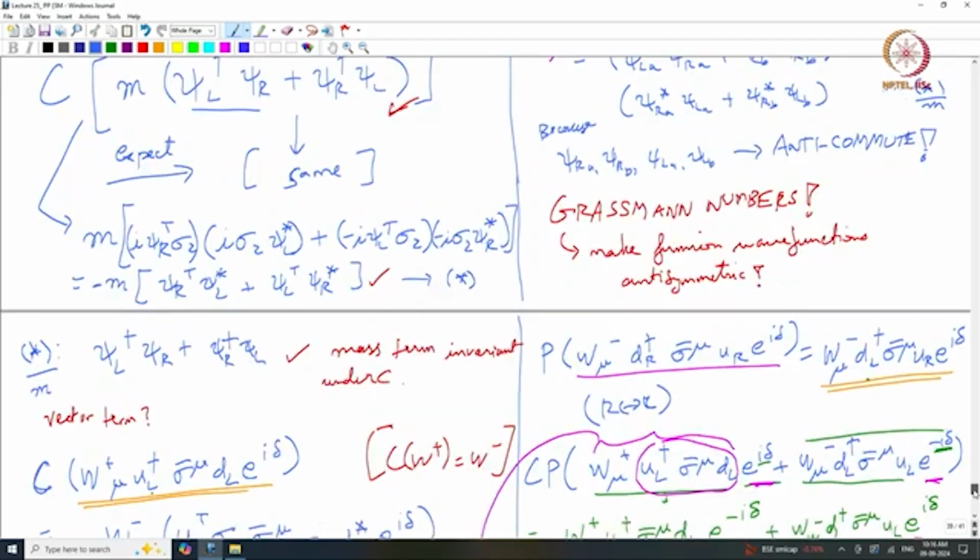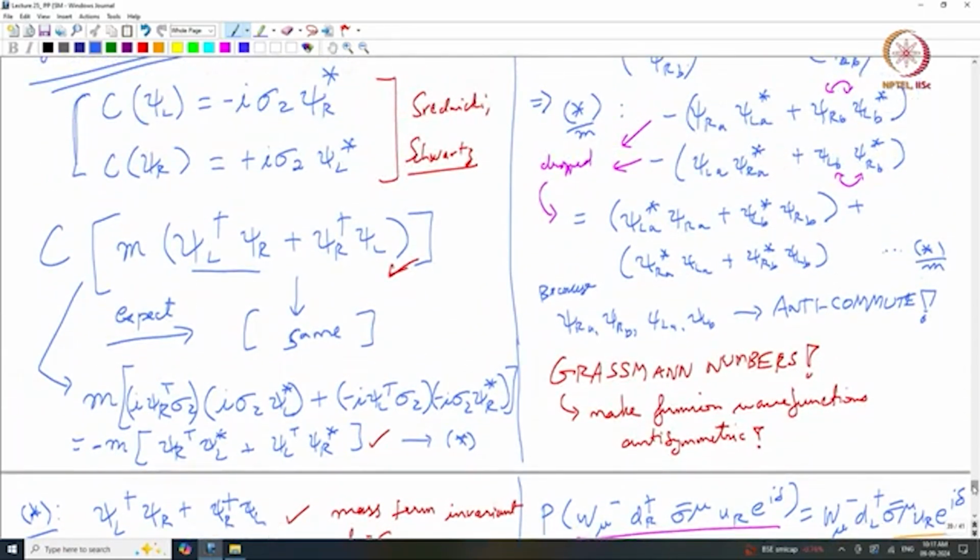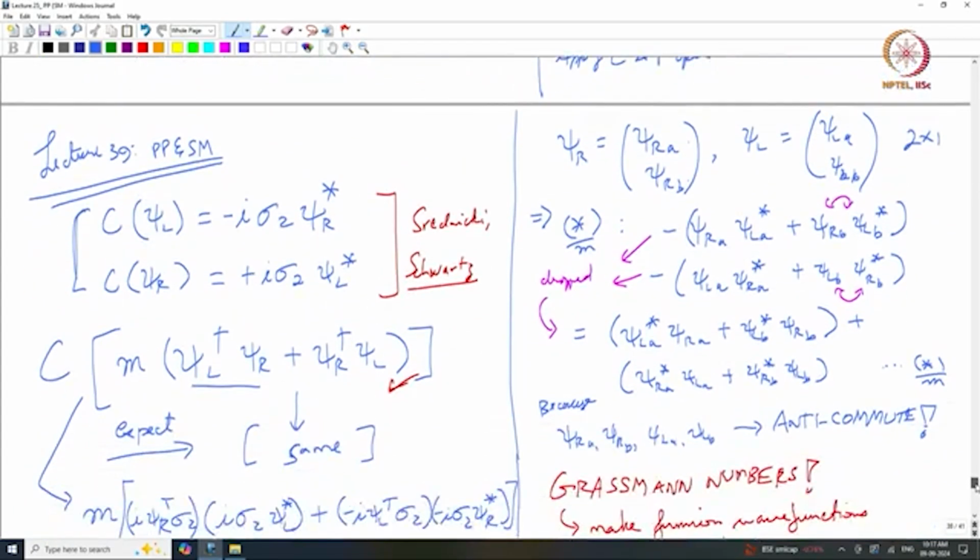And we saw that this was how the C transformation worked. Applied to the left handed and right handed spinors, you got a complex conjugate with some Pauli matrix structure, but then you ended up getting a right handed or left handed spinor instead, respectively. And then we saw that the mass term was left invariant under this operation, right.